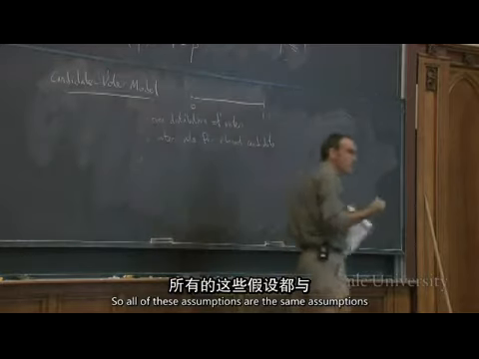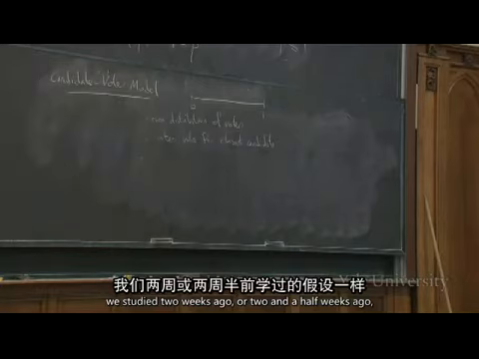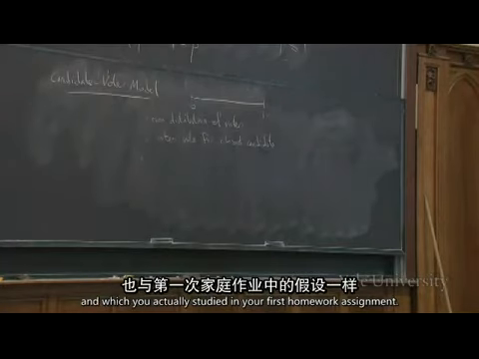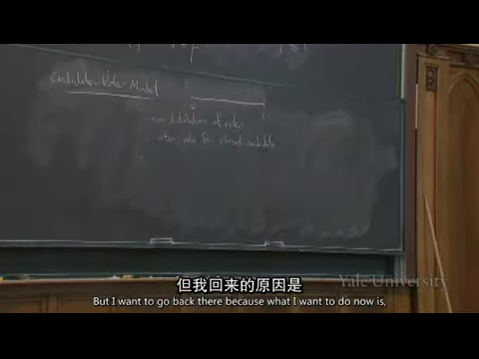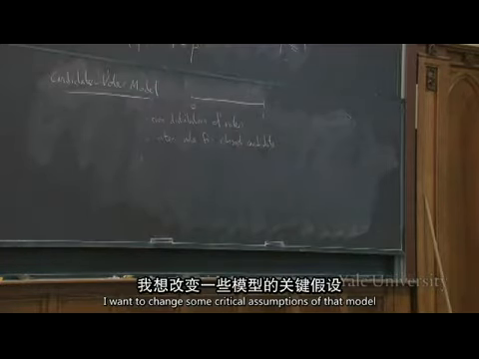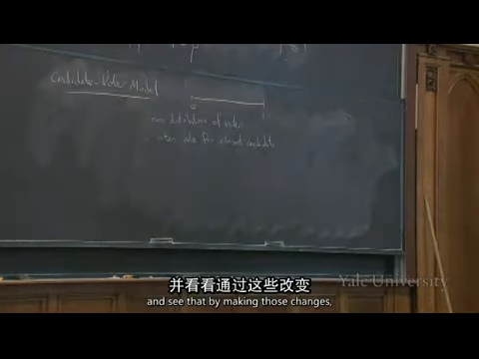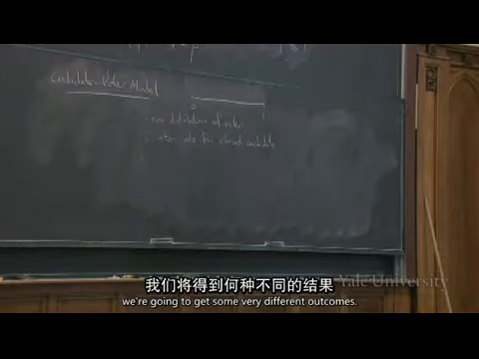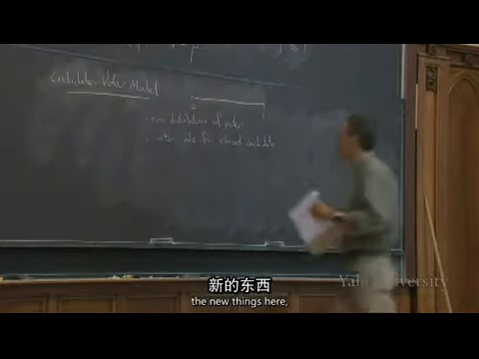So all of these assumptions are the same assumptions we studied 2 weeks ago, or 2.5 weeks ago, and which you actually studied in your first homework assignment. Is that right? But I want to go back there, because what I want to do now is to change some critical assumptions of that model and see that by making those changes, we're going to get some very different outcomes.